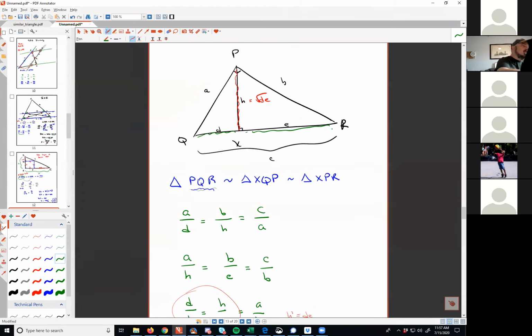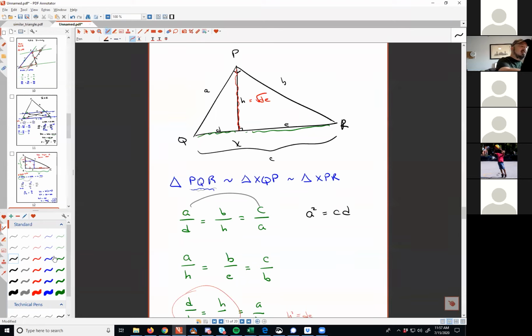Okay, what else do we see? Well, that was interesting because we had two equations that had H, right? And that turned out to give us a nice little theorem. So we see two variables in these equations two more times. We see these two ratios right here. Those two give us, when we cross multiply, A squared equals CD.